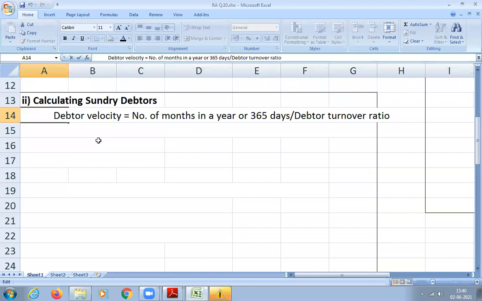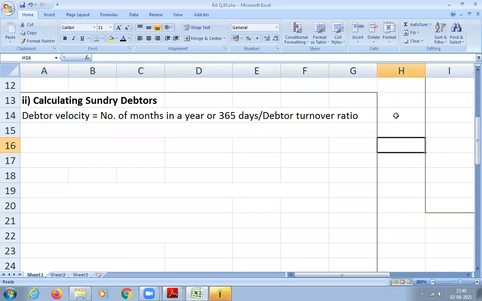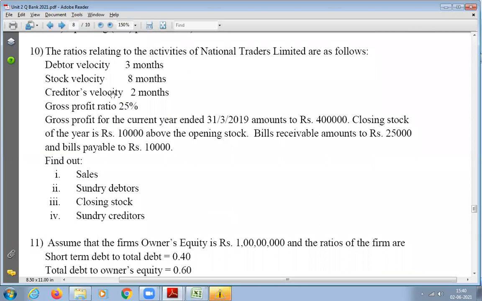So number of months in a year, or you can take number of days in a year, 365 days, divided by DTR. So any data he has given us, let us go back and check in the question. He has given velocity 3 months. Then what about the days or months he has given?